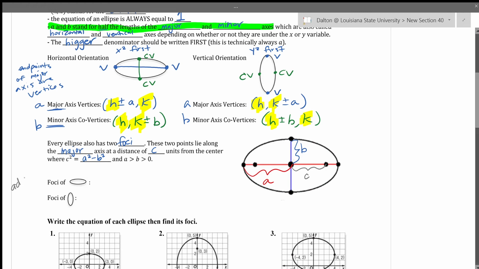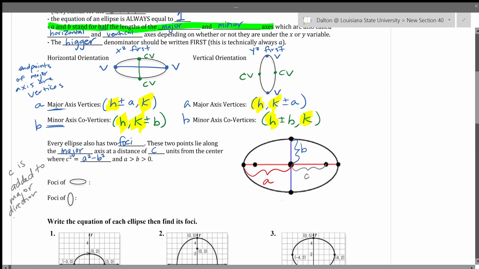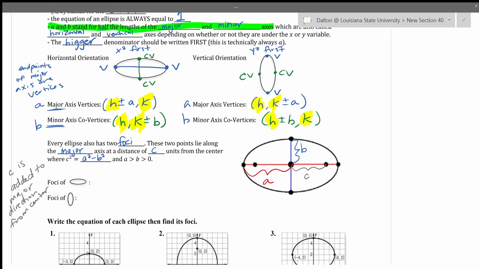So for the foci, C is added to the major direction from the center. C is added, and of course added is subtracted as well. So C is added or subtracted to the major direction from the center point.